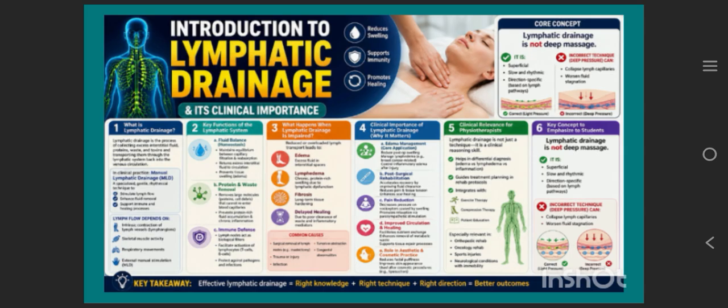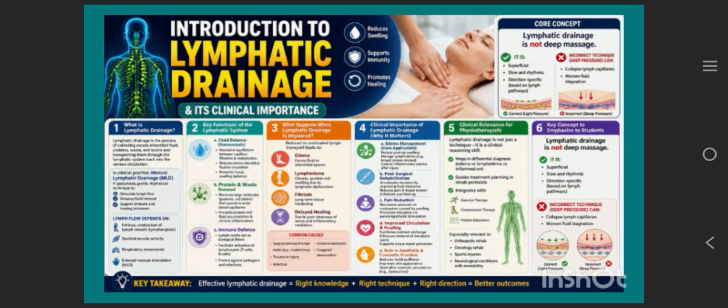So what is lymphatic drainage? Lymphatic drainage refers to the physiological process by which excess interstitial fluid, proteins, metabolic waste, and toxins are collected and transported through the lymphatic system back into the venous circulation.